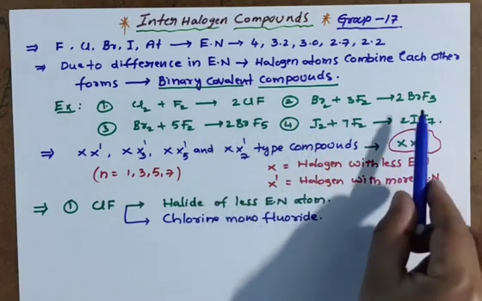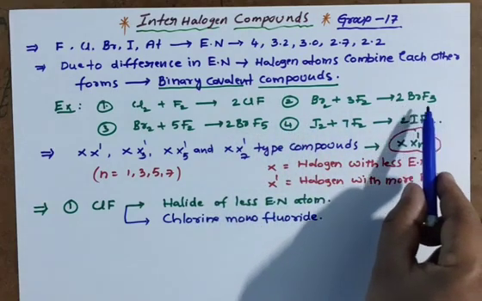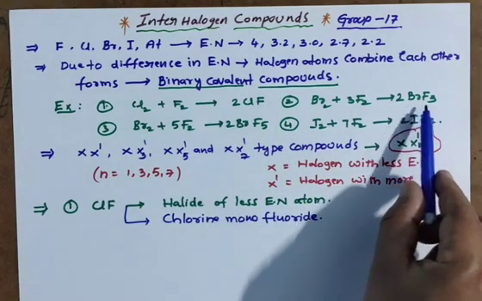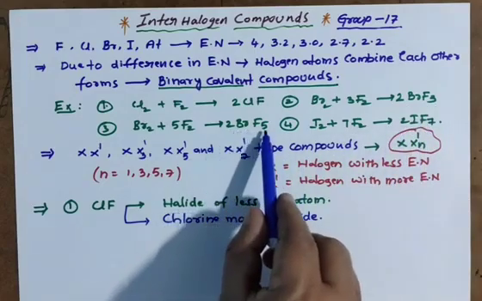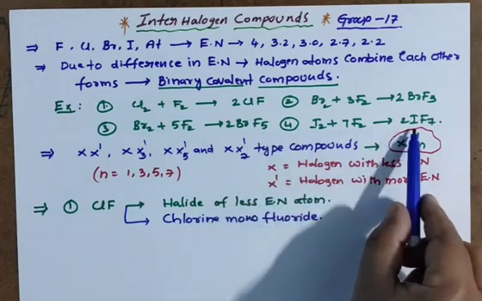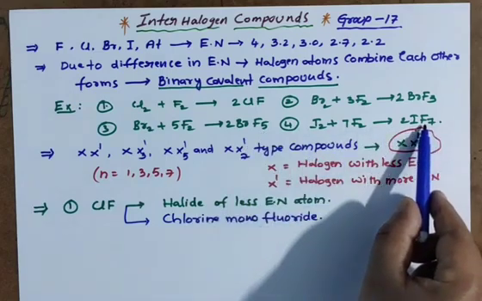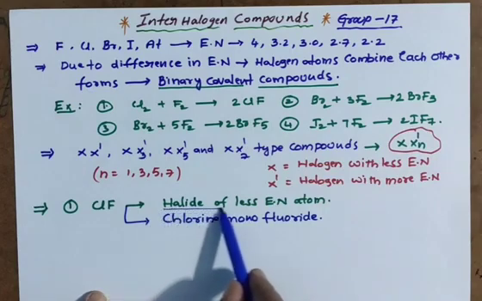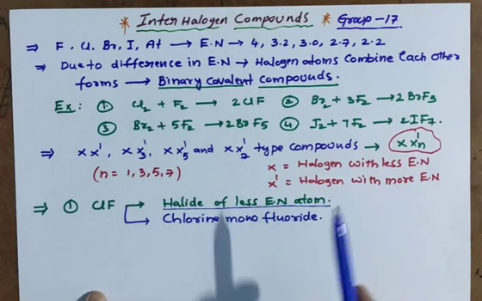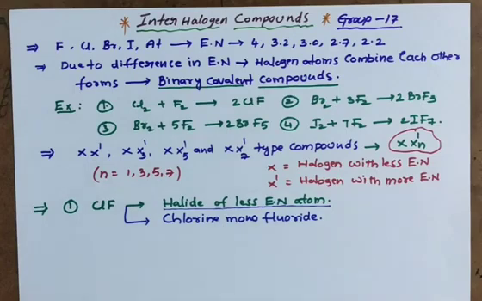And here BrF3 is bromine trifluoride, BrF5 is bromine pentafluoride, IF7 is iodine heptafluoride. So the rule to remember is: halide of the less electronegative atom. This is how to call the names. A few preparations I also did.